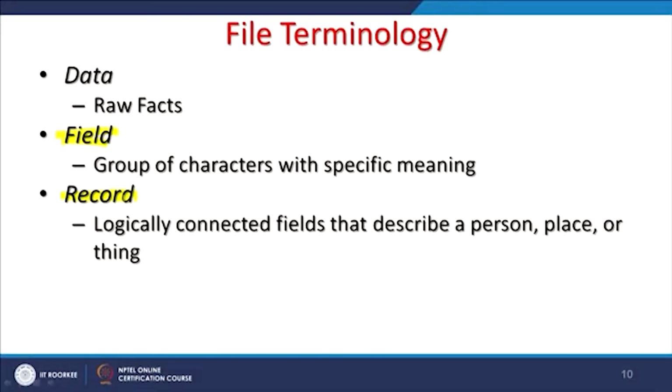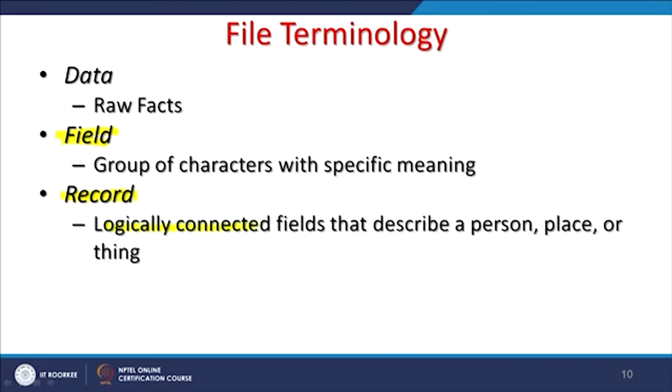Because once the data has come and you want to change anything in that field's characteristics, you may have problems later on. So it is always better in design to think about what kind of data will be coming in that particular field, and accordingly the characteristics should be decided. And records are basically the rows.